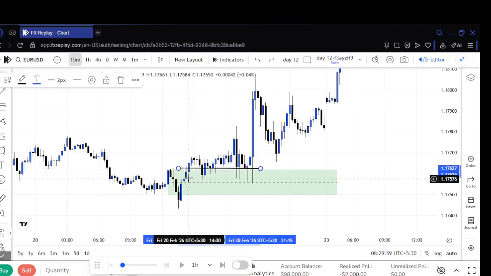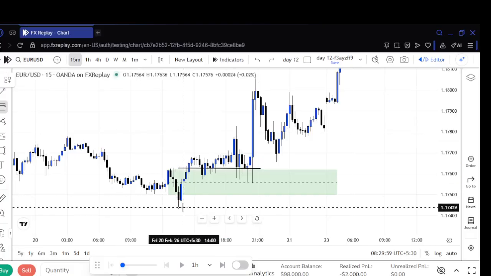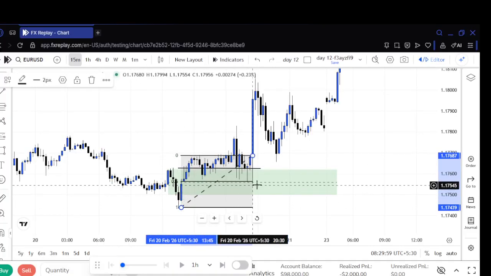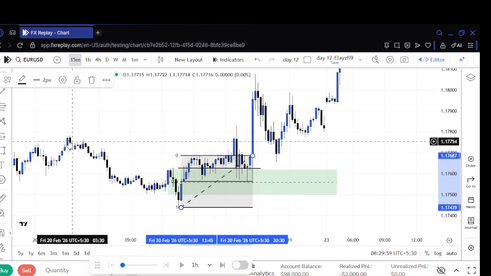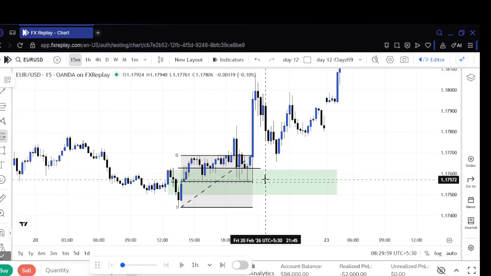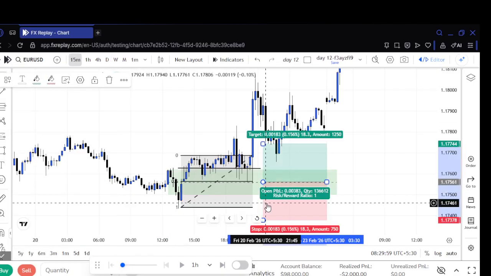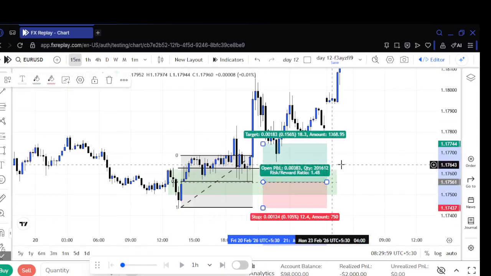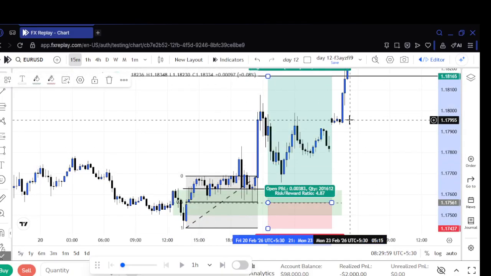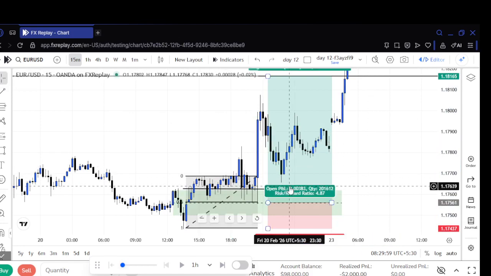Or else if we wish to enter here also, what we do is we go fib, high to low, and then we can be entering here, the long position, and then this is for the target, an easy 4:1.